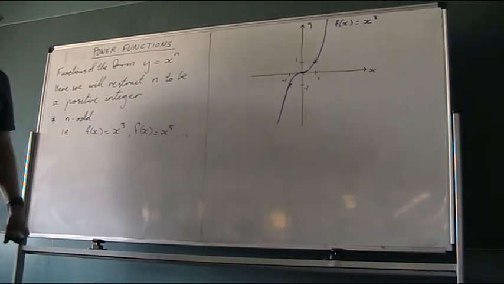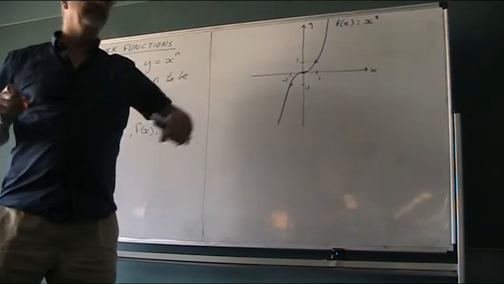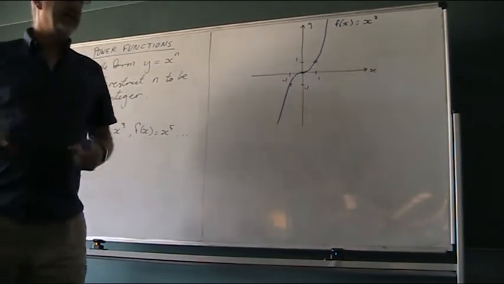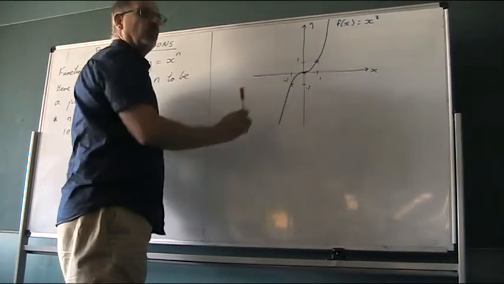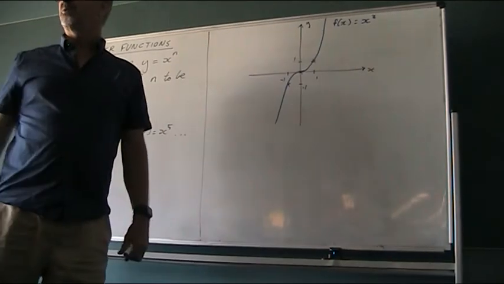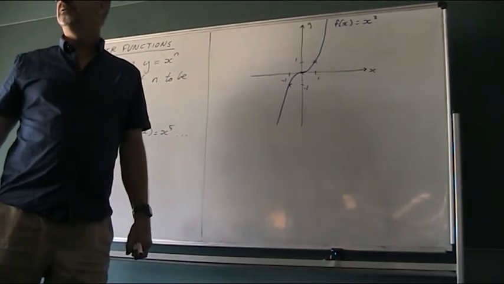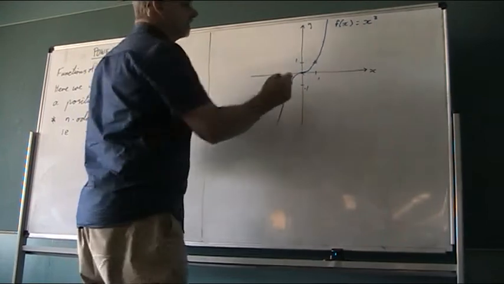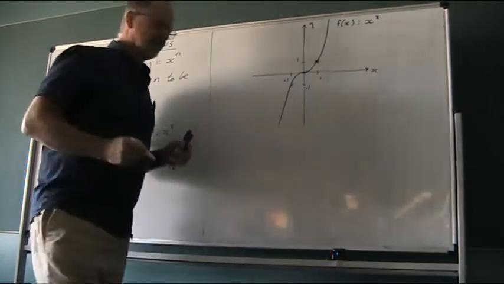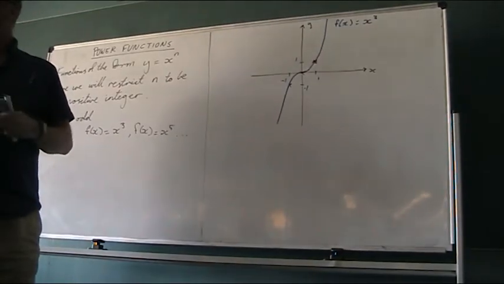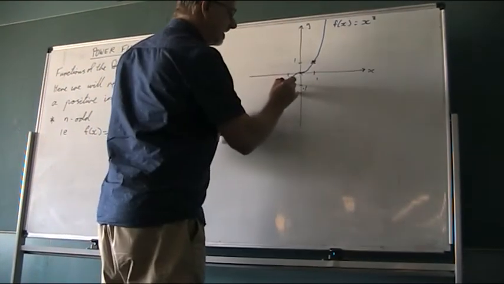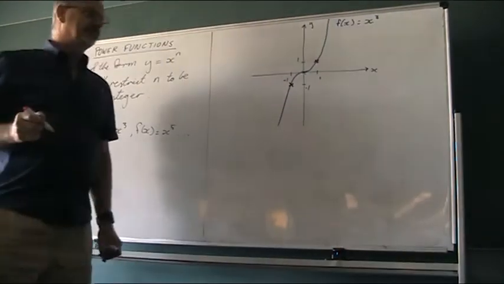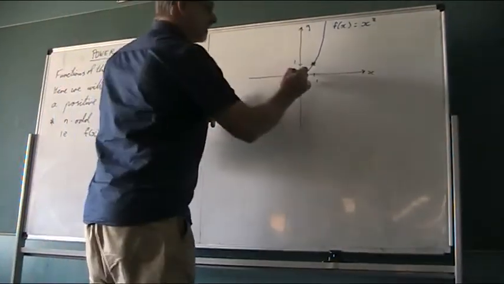Same point of inflection, 0, 0. What about these points, 1, 1? What's 1 to the power of 5? So it still goes through here. -1 to the power of 5 would be -1. And we've got our point of inflection here.